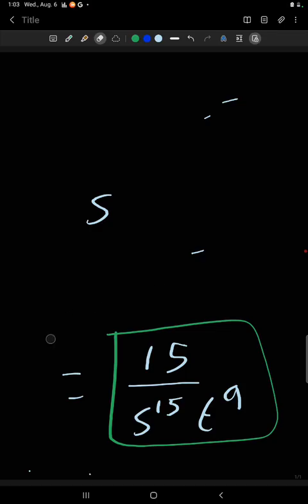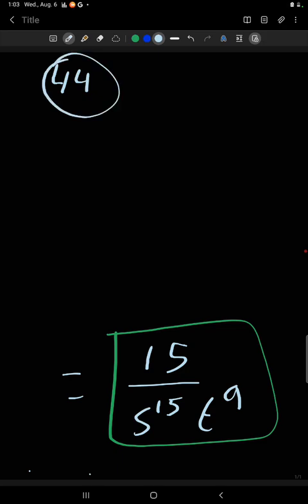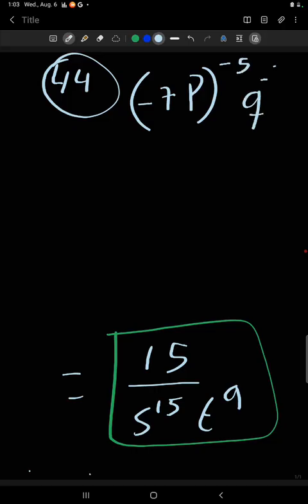And then after 43 we have 44. The problem there is given as -7p to the power -5, then we have q to the power -3, and then r squared.